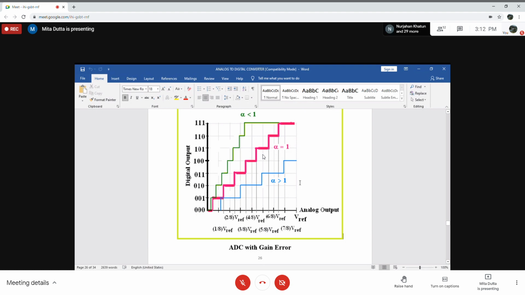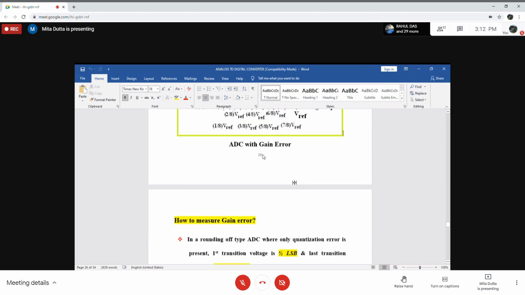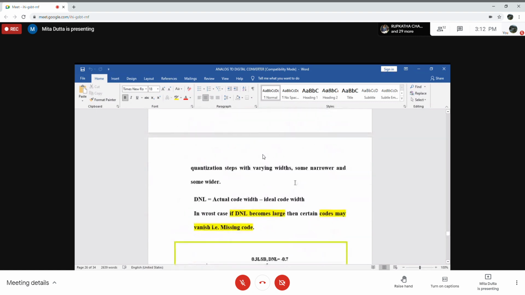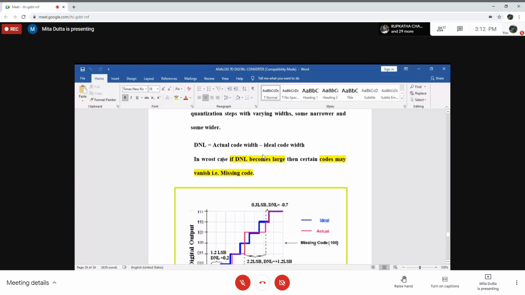Just like that, we have a differential nonlinearity and an integral nonlinearity. Differential nonlinearity will be actual code width minus ideal code width.